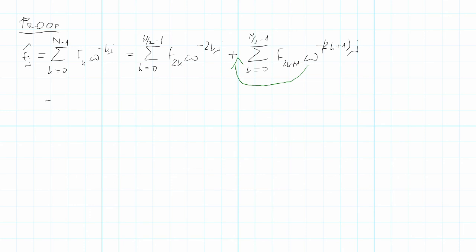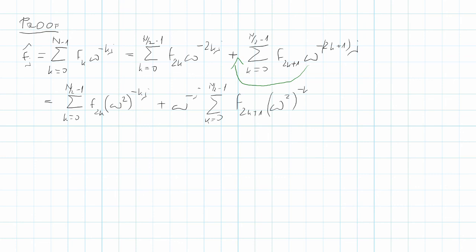So this can be written in the following way: the sum for k from 0 to n/2 minus 1 of f_2k times omega squared to the power minus kj, plus omega to the power minus j, just the one omega we took out, times the sum for k from 0 to n/2 minus 1 of f_(2k+1) times omega squared to the power minus kj.